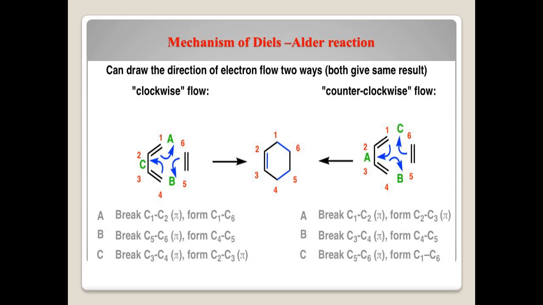Next, carbon 5 and carbon 6 also contain a double bond, one is a pi bond, another one is a sigma bond. So it forms a newly bonded sigma bond between carbon 1 and carbon 6. So this is the product, cyclohexane.